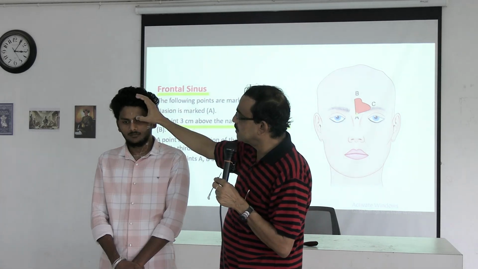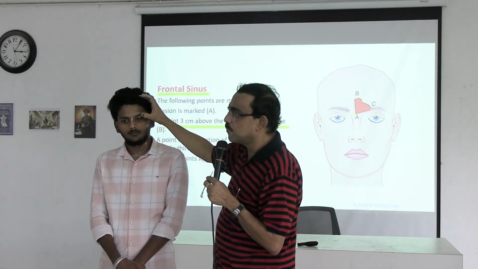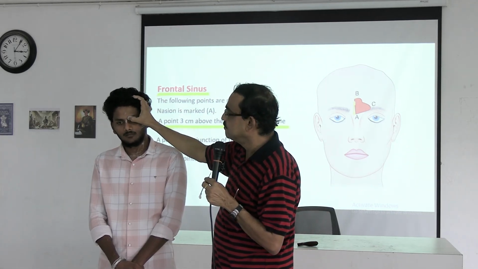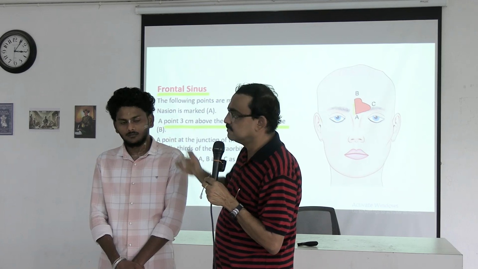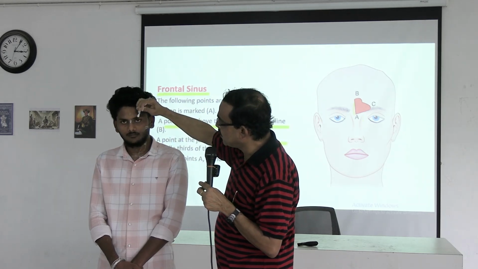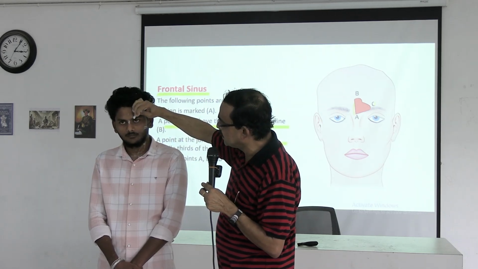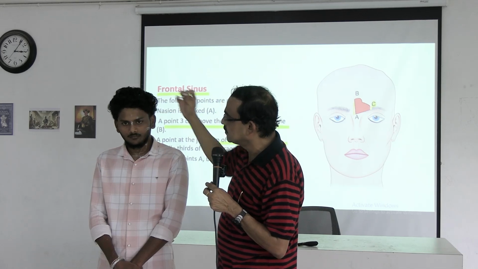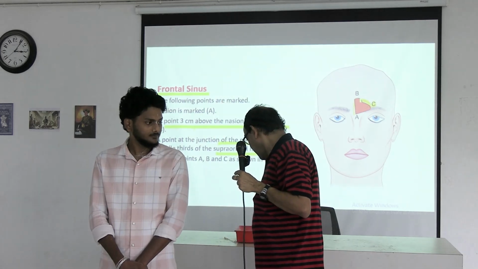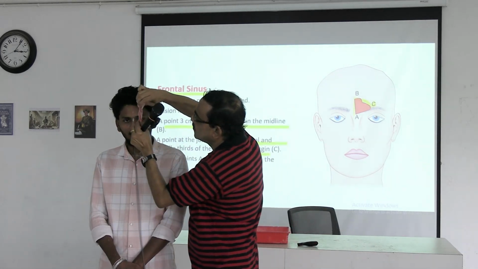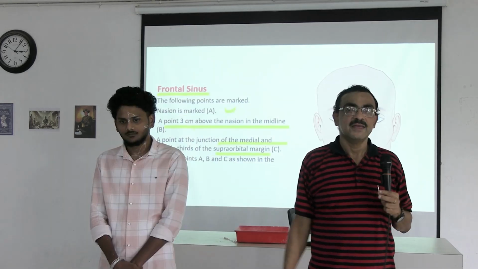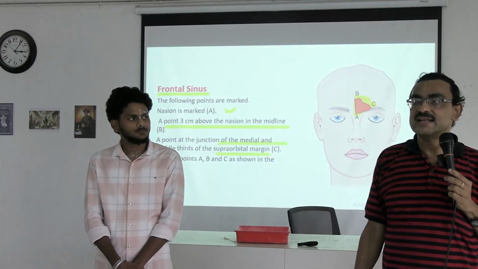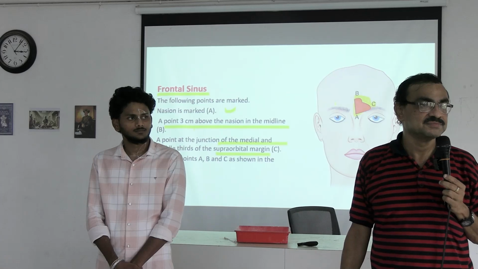You can feel the supraorbital margin, medial 1/3 and lateral 2/3. Just over that medial 1/3 and lateral 2/3, you put another point. And join these three, you will get a triangle, that is the frontal air sinus.